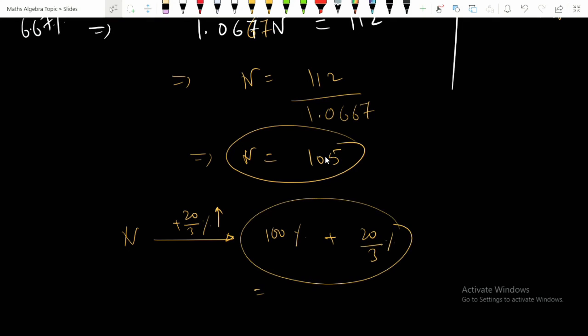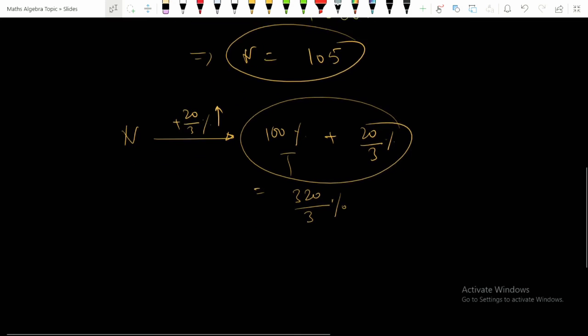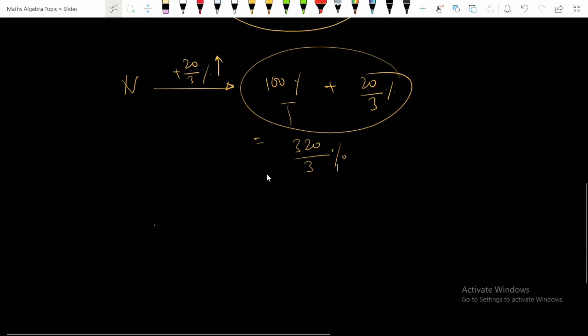Just add it. What will you get? 320 by 3 percentage, so 320 by 3 percentage of n equals 112.